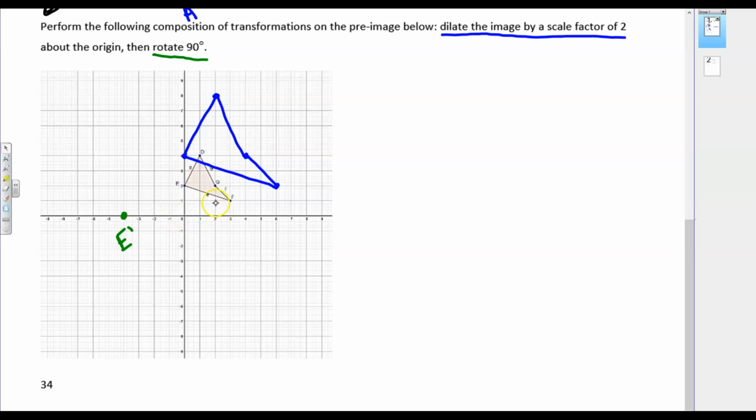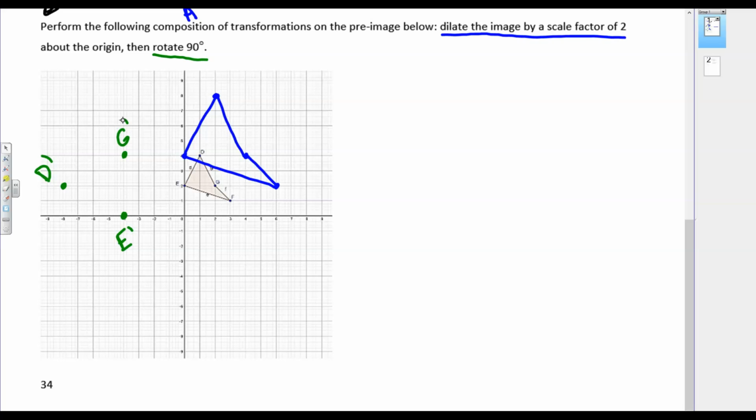Then the point 2, 8 is going to become -8, 2, according to our rule. So this point is going to be D prime. The point 4, 4 is going to become -4, 4, which is here. That will be G prime.